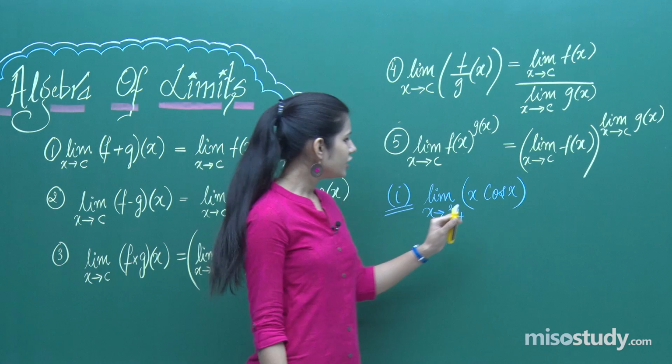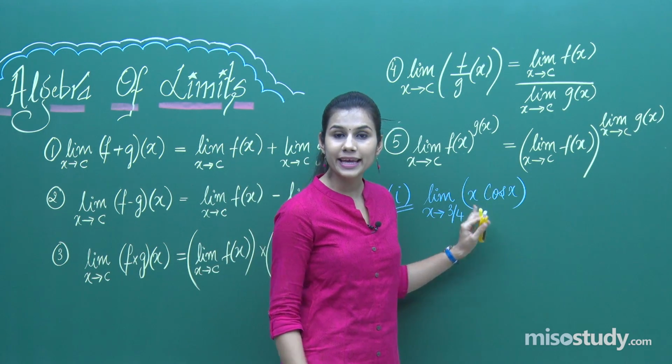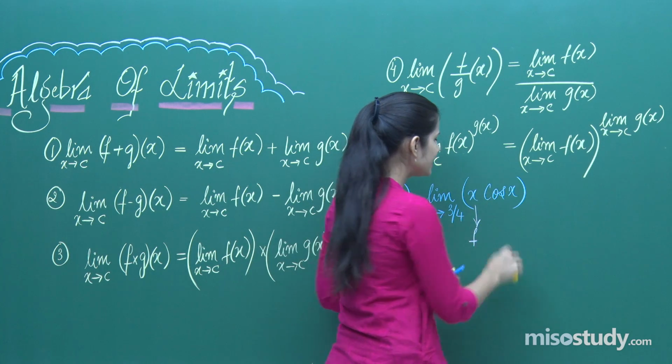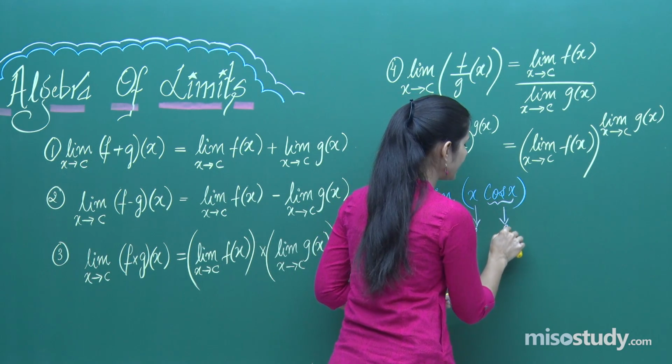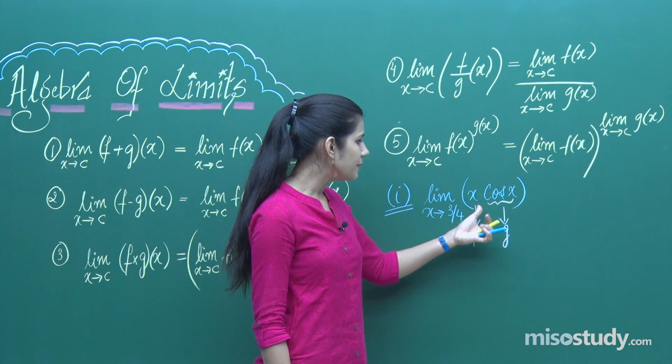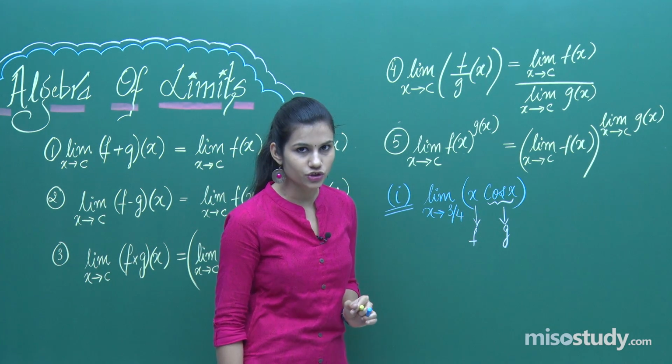Fine. Over here you can see x is one function playing the role of f, and cos x is another function playing the role of g, isn't it? Here I am saying find out the limit of the product of two functions.